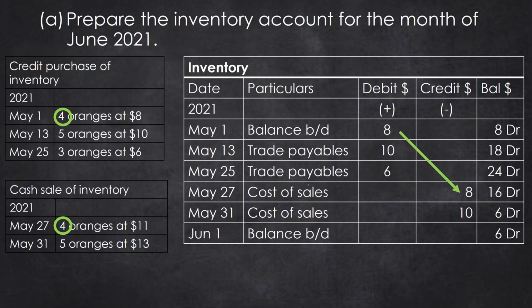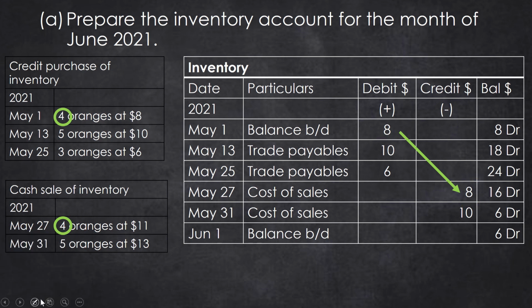And what I need to do is I need to transfer the $8 from my inventory from the plus side into the negative side. Because I have sold the inventory, it is now converted into a cost of sale.